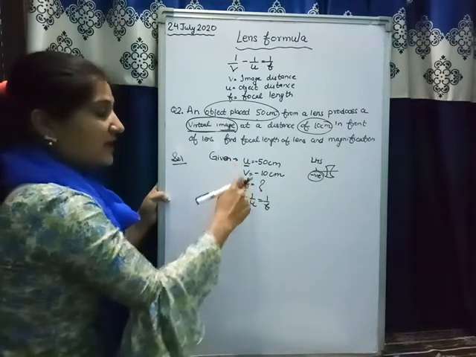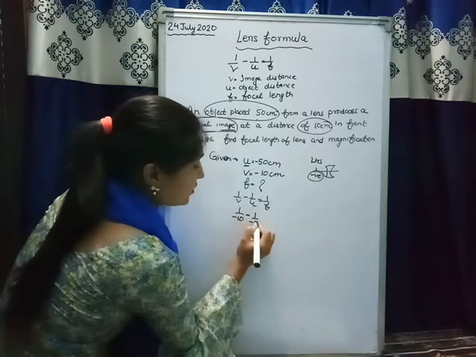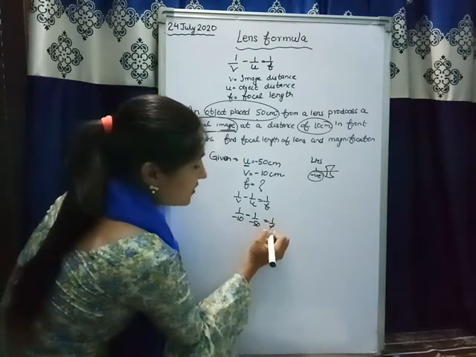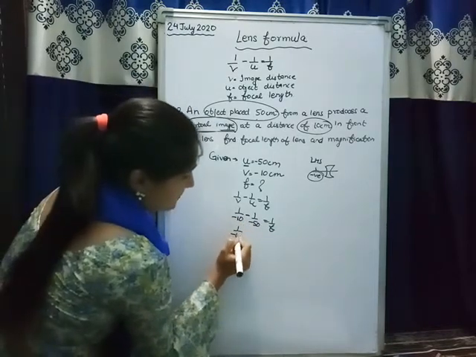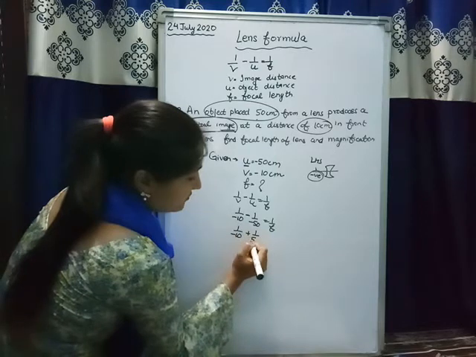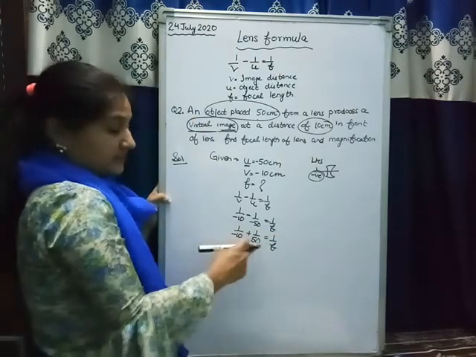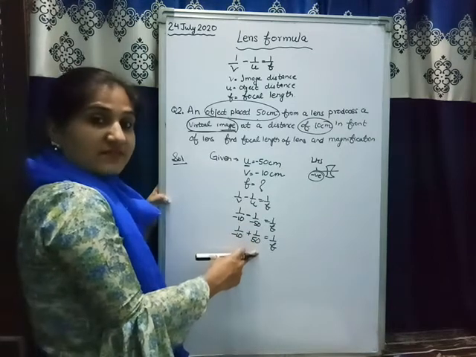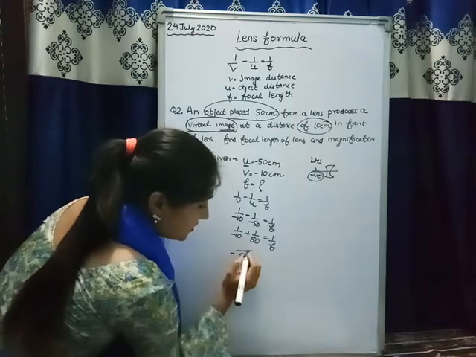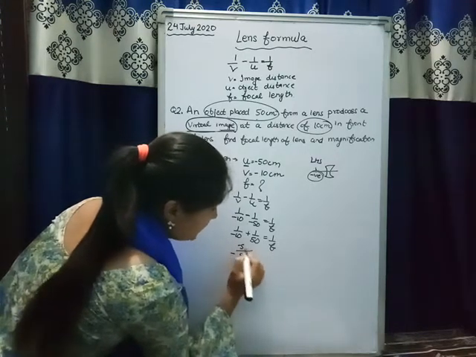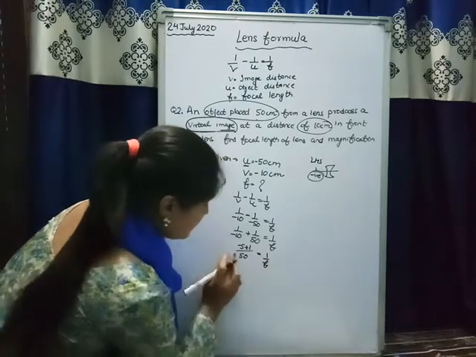Put the value of V and U. 1 upon minus 10 minus 1 upon minus 50 is equal to 1 upon F. Minus and minus become plus. 1 upon minus 10 plus 1 upon 50 is equal to 1 upon F. Now take the LCM of 10 and 50. What is the LCM of 10 and 50? 50.